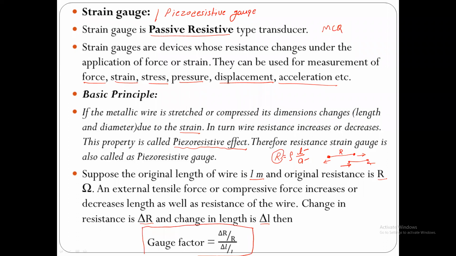How is the resistance of that wire going to change? As the length changes, the gauge factor is nothing but the change in resistance to the original resistance, to the change in length delta L to the original length L. So this factor is nothing but the gauge factor here.